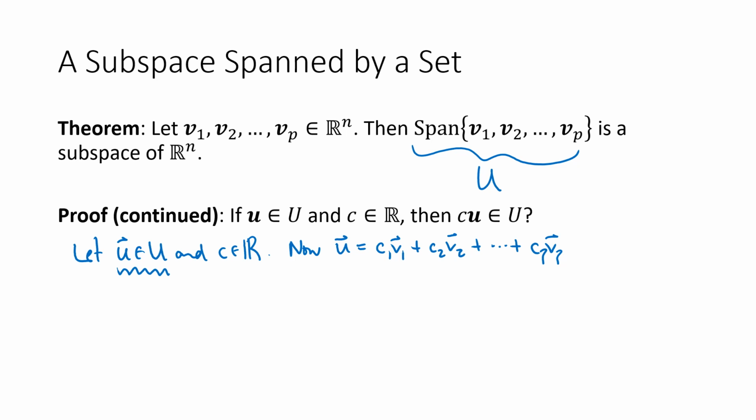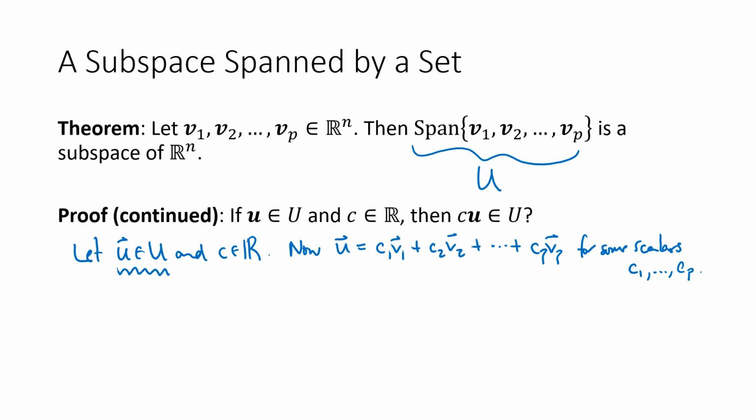This second step is going to be different depending on what your actual set capital U is. In this case, because my set capital U is a big set of linear combinations, I know that my vector little u is a linear combination. If my set capital U is defined in a different way, this step is going to look a little bit different. But in this case, I know that this is true for some scalars C1 through CP.